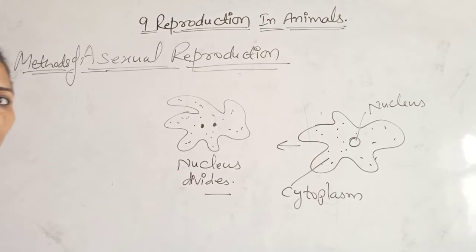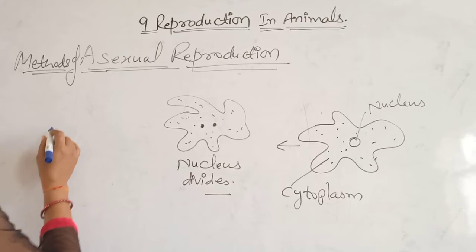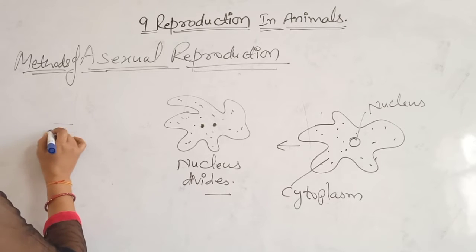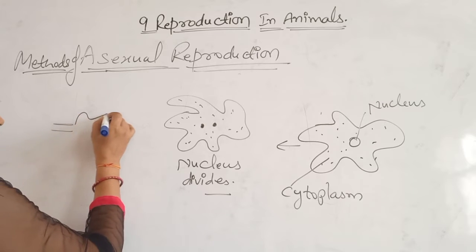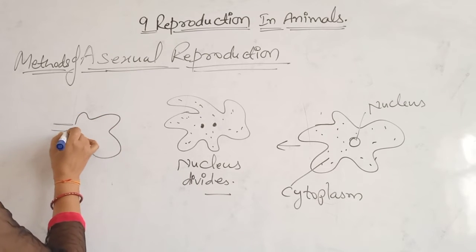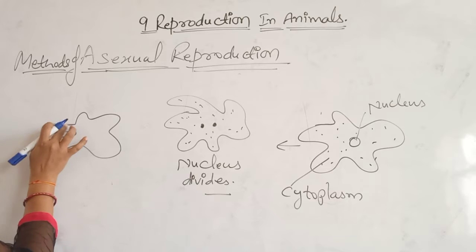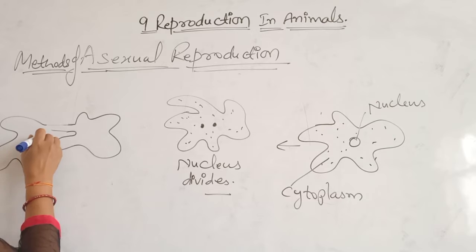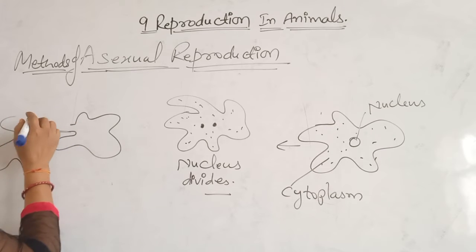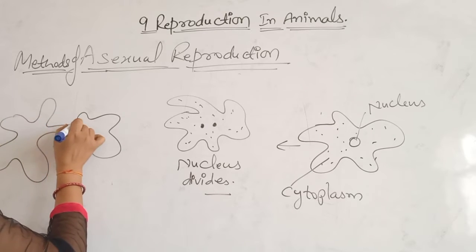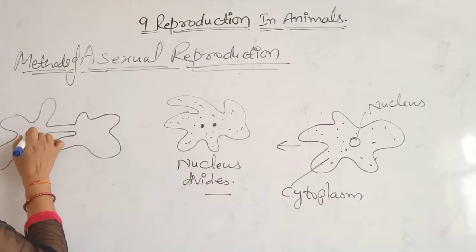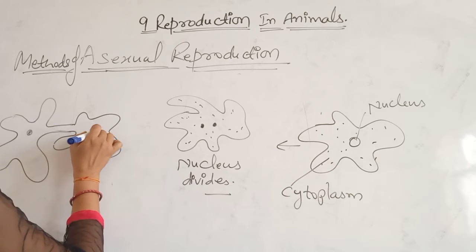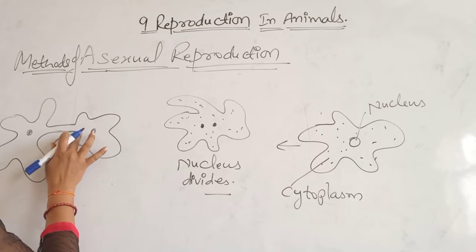Okay. So the cytoplasm divides, and you can write that as the next step. Like that, two nuclei are there here, and the cytoplasm has divided.